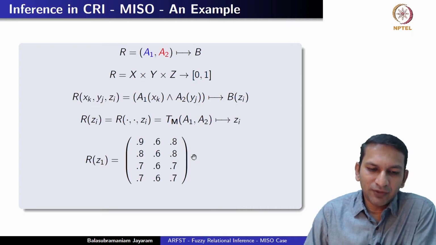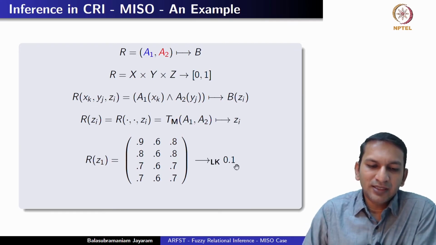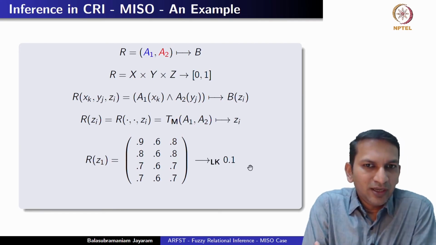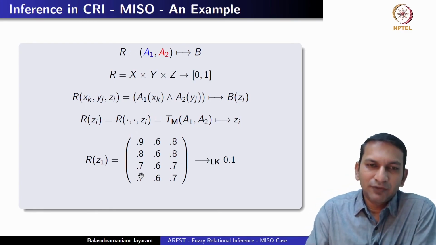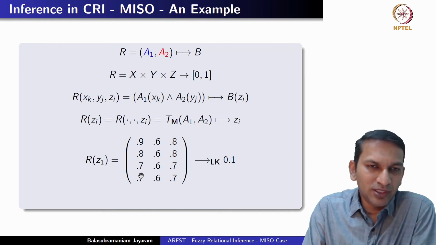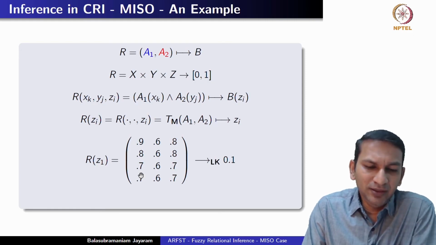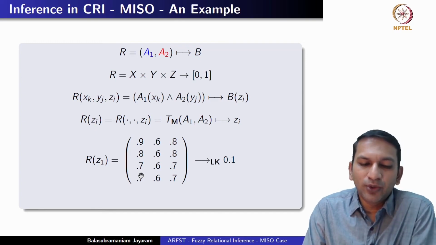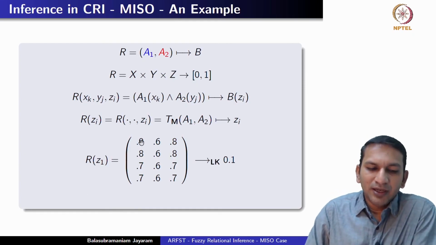This is the matrix that we've got, using the F operation where Zi is 0.1. Note that earlier we would have had only one column if it was just one antecedent and one consequent. Now, because we have combined these two antecedents, we have a matrix here. However, it is the same outer product that we are going to take. So how do we do this outer product? It's simple. This is the combined antecedent.